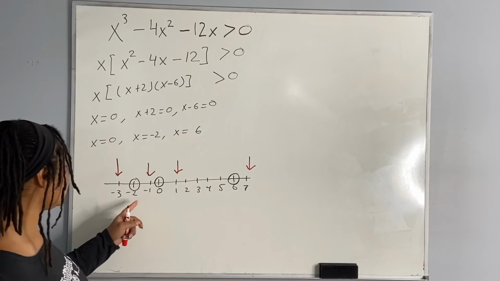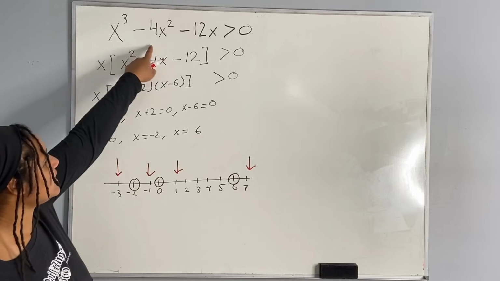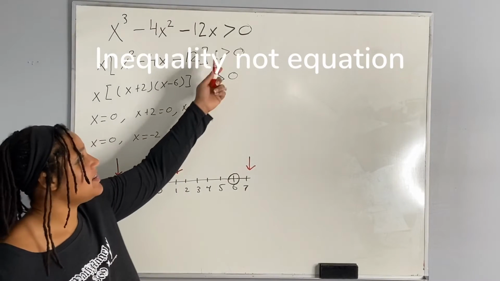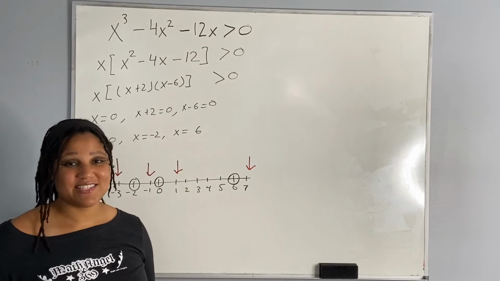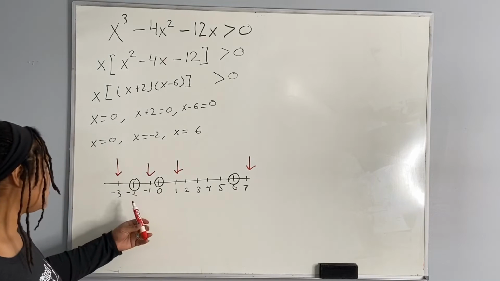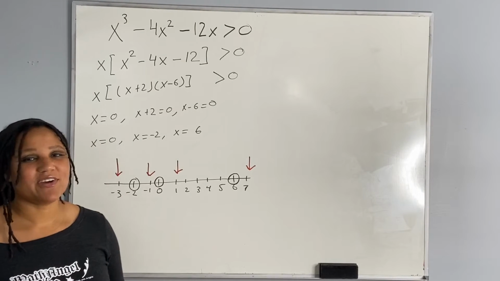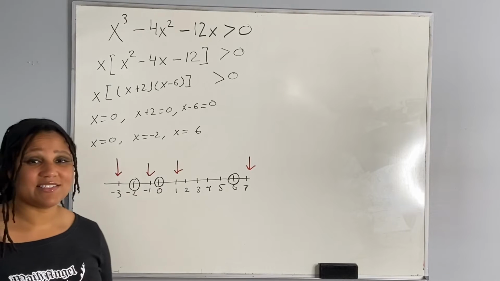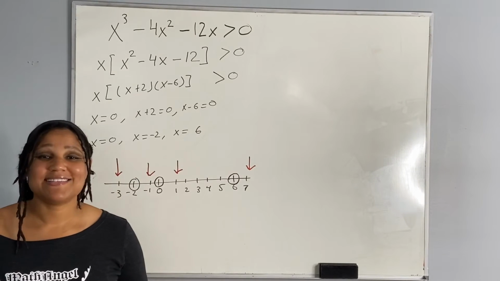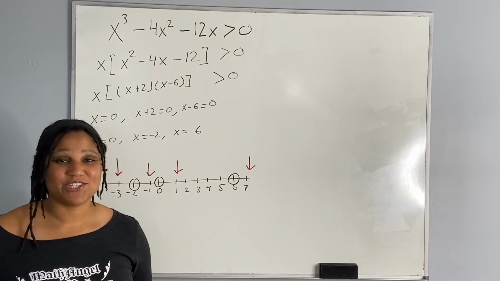First I'm going to start with negative 3. I'm going to plug it into our original inequality and see if the result is greater than 0. If it is greater than 0, then all the numbers below negative 2 are a solution. However, if it is less than 0, then all of the numbers below negative 2 are not a solution because it does not agree with our original inequality.